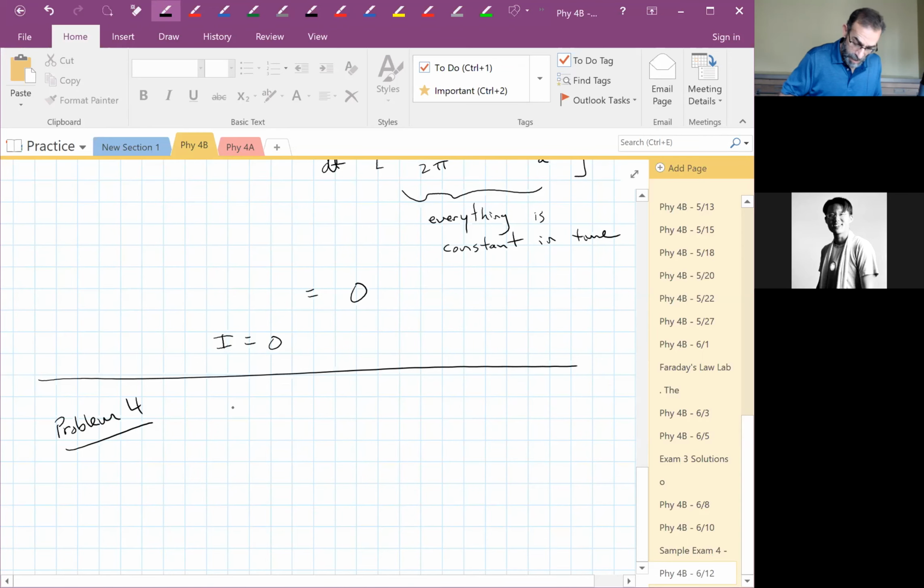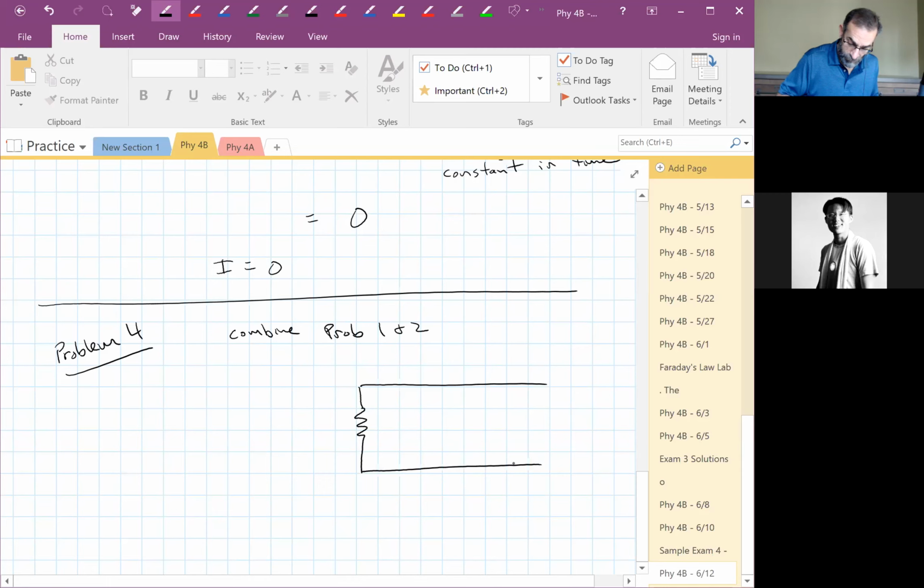We're going to combine problems 1 and 2. I'm going to have it moving in this direction, V, and then we've got a magnetic field coming out of the page.